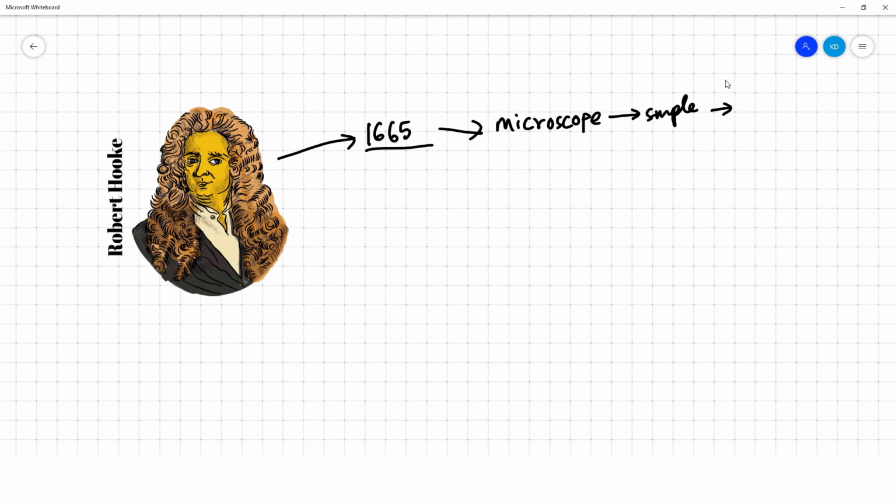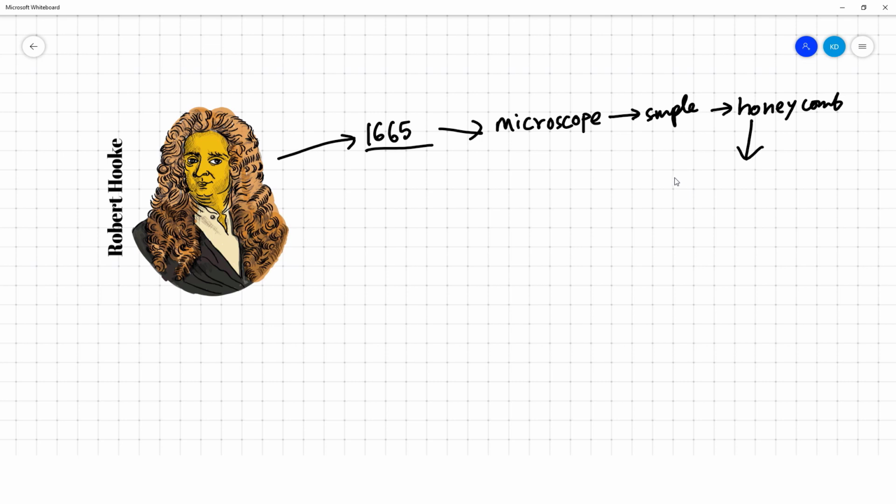But Hooke was still able to make an important discovery when he looked at a thin slice of cork under the microscope. He was surprised to see what looked like a honeycomb. Remember this, honeycomb.